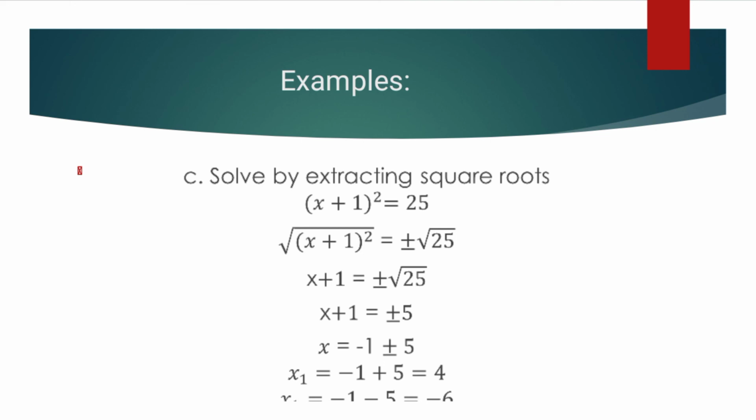So, let us solve for x sub 1. x sub 1 equals negative 1 plus 5, which is 4. x sub 2 is equal to negative 1 minus 5, which equals negative 6. So, therefore, the roots of the equation, the quantity x plus 1 squared equals 25, are 4 and negative 6.